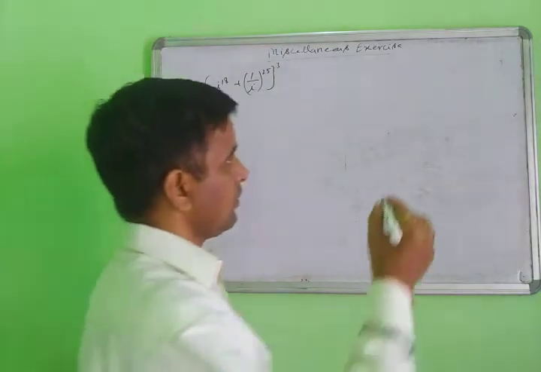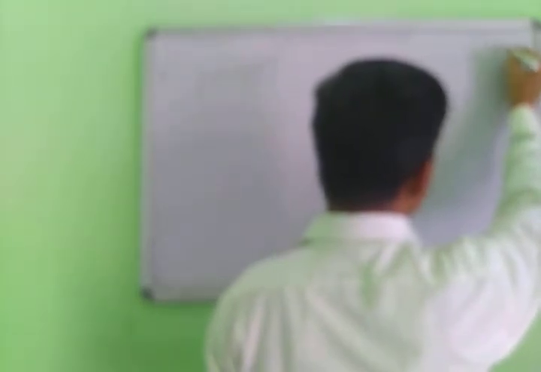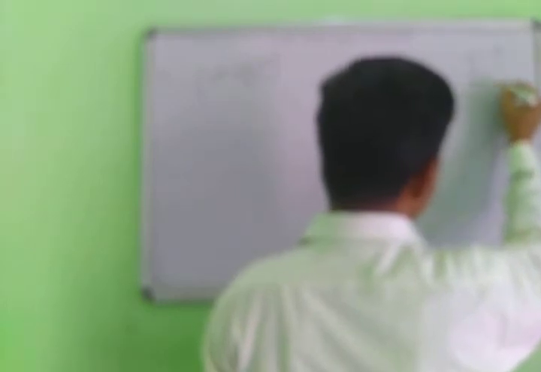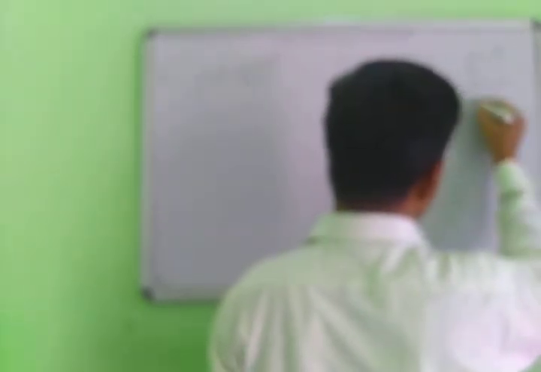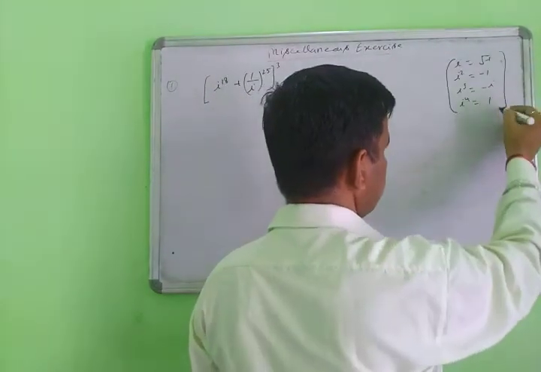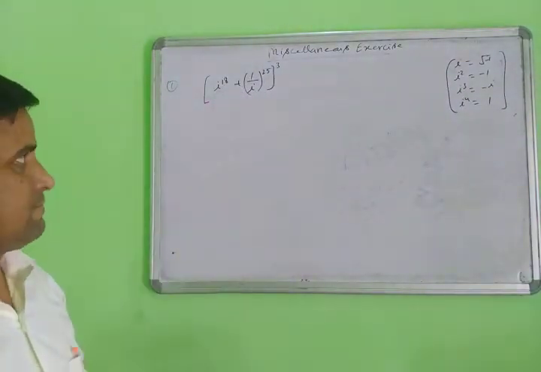You know the value of iota is root minus 1. Iota square equals minus 1. Iota cube equals minus iota. Iota 4 equals plus 1. So keep these values in mind. According to these values, we will solve this question.